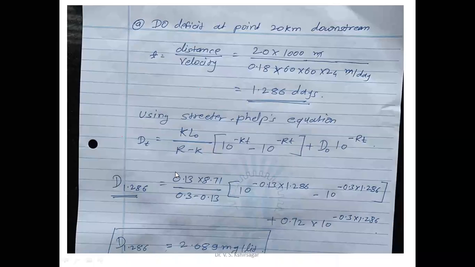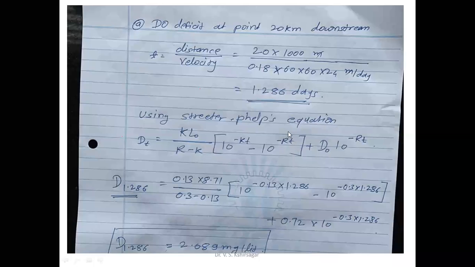reoxygenation curves. Is it? dD/dt is equal to k dash into L naught minus R dash into D_t. And then we superimpose that equation, and then we got the equation. I cannot explain that equation fully.